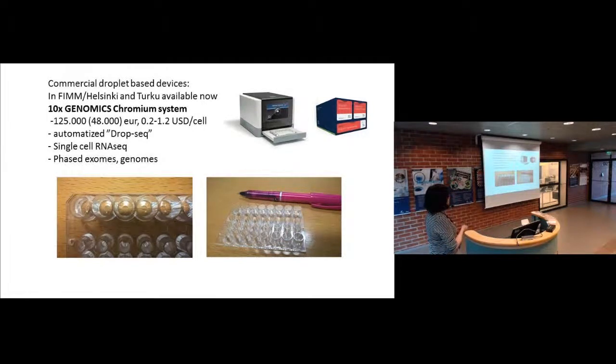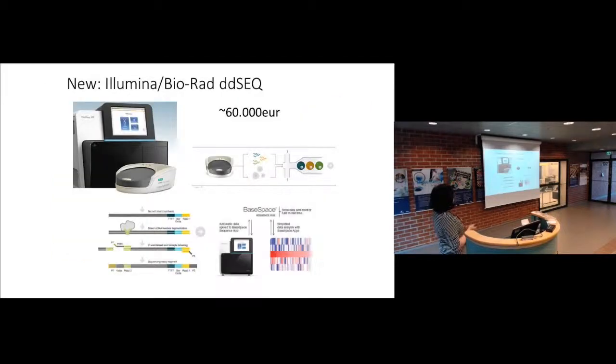So there is one chamber for oil, one for beads, one for cells, and then between these lines there are the microfluidic channels to make the droplets, and then you collect the emulsion here, and then you go further. So it's basically just a higher throughput and automatized version of Drop-seq. Illumina and Bio-Rad together launched very recently a similar one called ddSEQ, about a 60,000 euro machine. The principle is exactly the same.